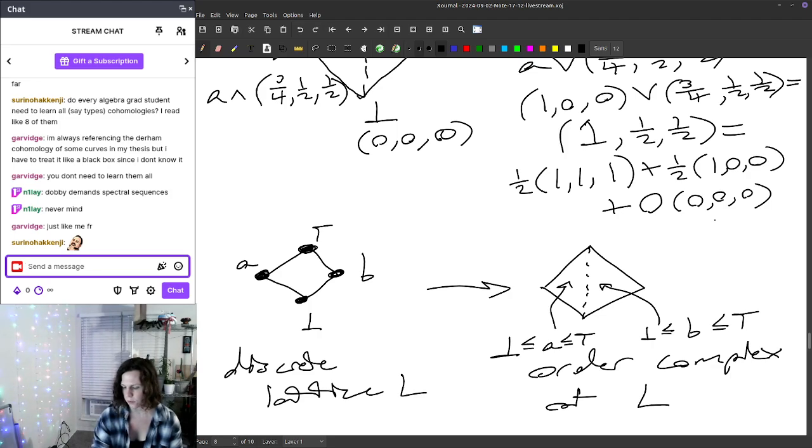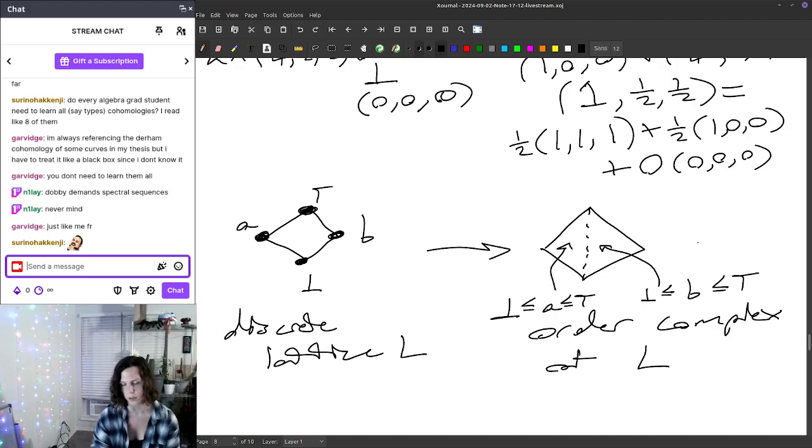And I suppose I have to think about products, which I haven't thought about for a while. But now I'm getting scared that products of simplicial sets are not going to give me something that I'm going to be happy with.